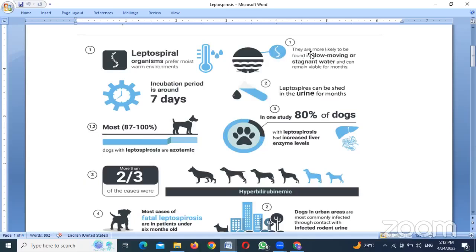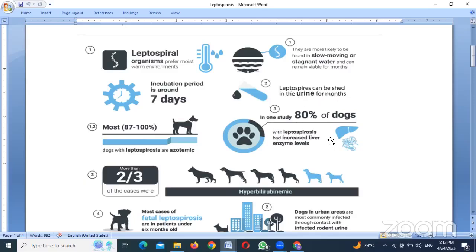What we read here is the bold text; we will not read the smaller ones. In the picture there is a sun and there is earth, slow-moving or stagnant water, which is where the leptospira organism may live. Here is the incubation period, we don't need to read it. Here is the urine. Here is the increased liver enzyme.